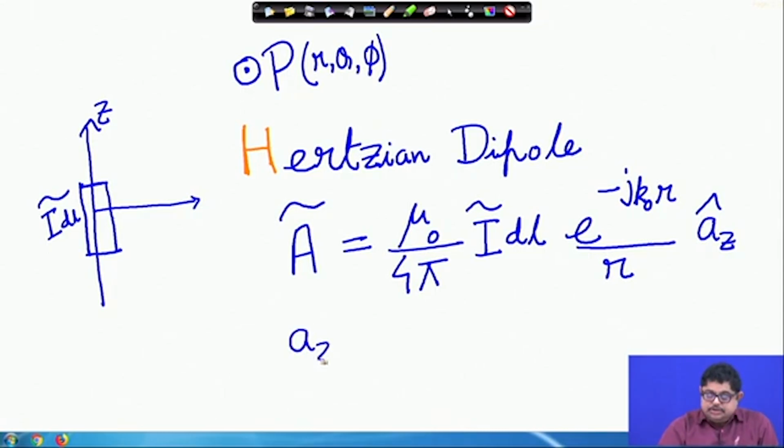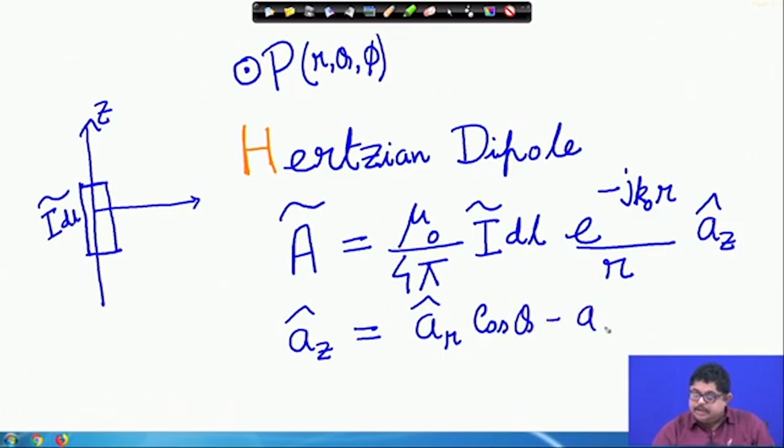So, it is well known that this Az is nothing but, in terms of the spherical coordinate unit vectors, a r cos theta minus a theta sin theta.